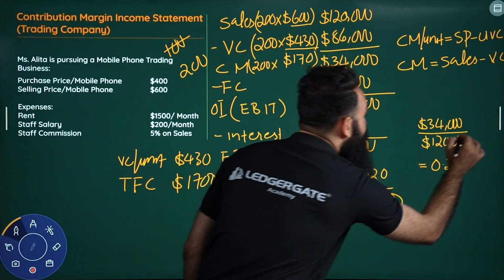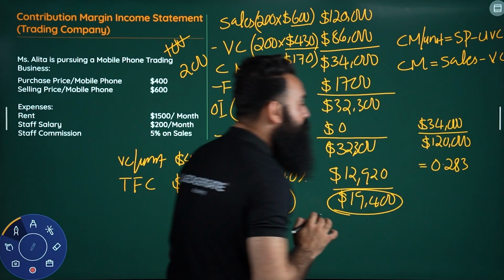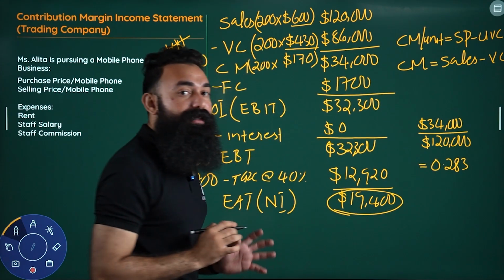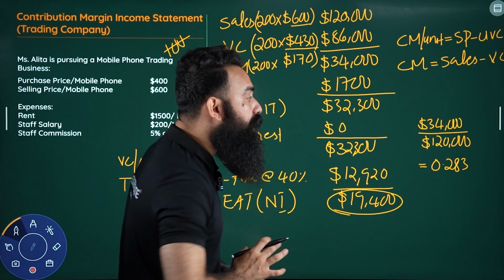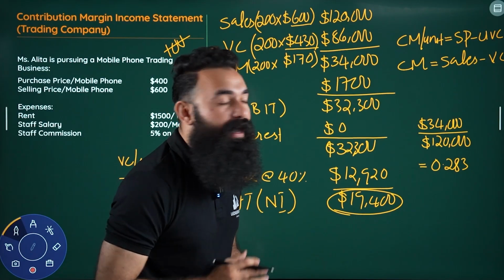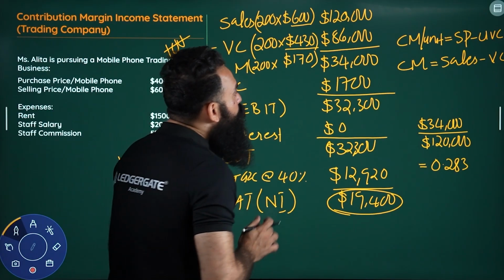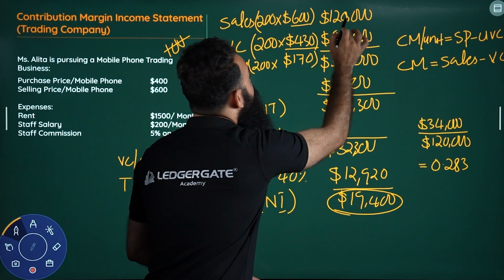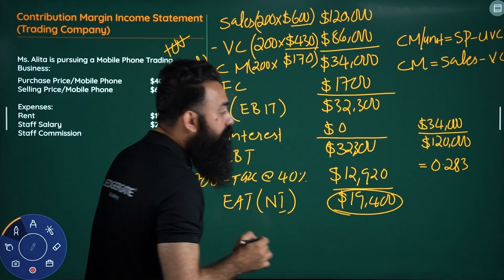let's say 28.3%. If we multiply by 100, we will get the percentage, otherwise we will get the fraction. When we multiply this 0.283 by 100, it would become 28.3%. And what about this variable cost, how much percentage of this particular sales? How to calculate that?